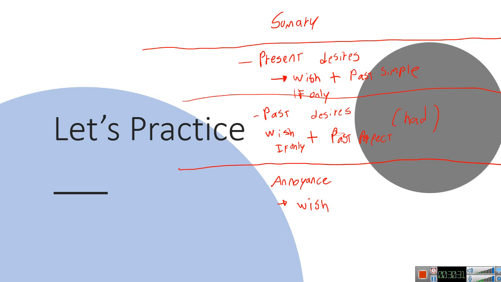I cannot use if only. Now, plus what? What is that magical word when we're expressing annoyance? Wish plus would or wouldn't. Okay, and that is the summary for today.